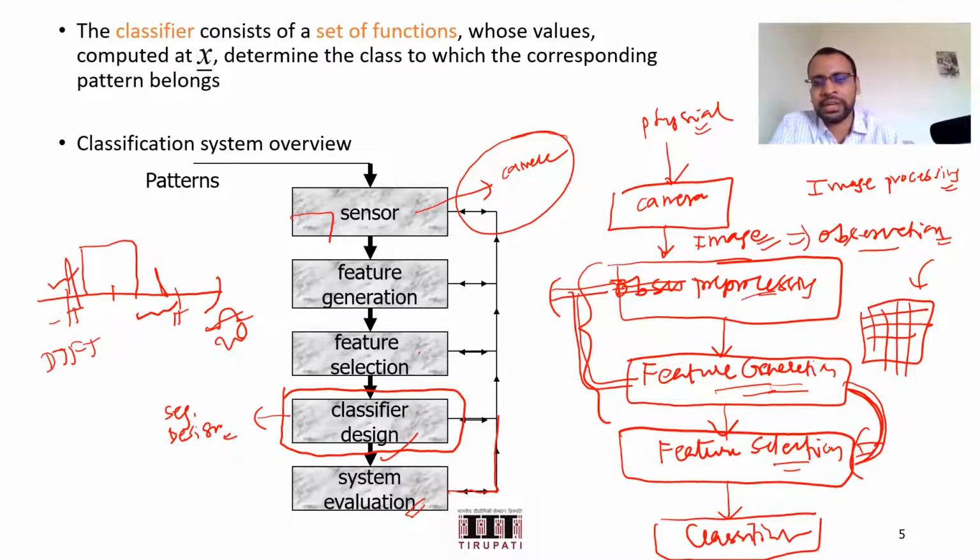That's what he meant. But I would rather rephrase it in a different way, as I was mentioning in my previous class as well, where there is a physical phenomenon or an object you are observing, and you are trying to characterize your pattern through this whole process. That is how I put it.